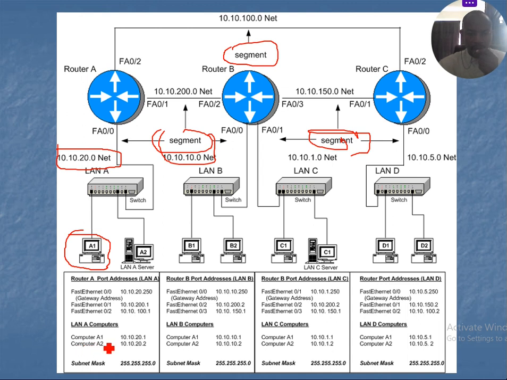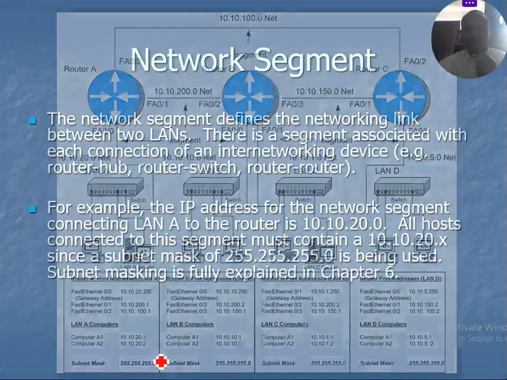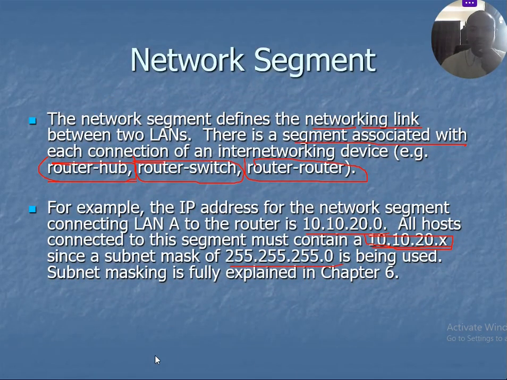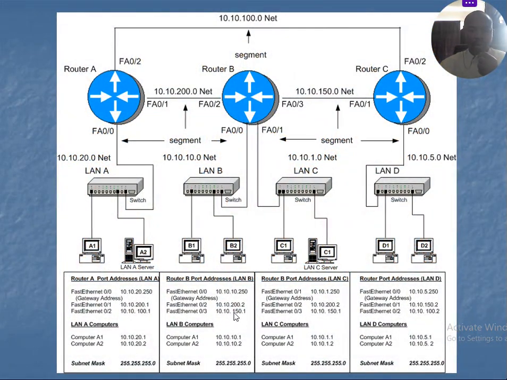Look at the IP addresses of the computers: 10.10.20.1, 10.10.20.2. If you have another one for LAN A, 10.10.20.3, 10.10.20.4, like that, till you exhaust the entire subnet range designated for this network. So that's how it goes.